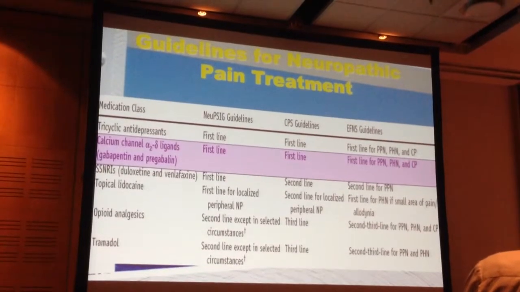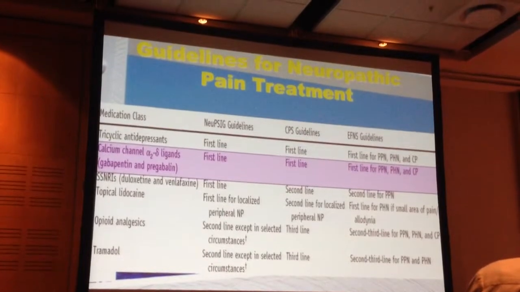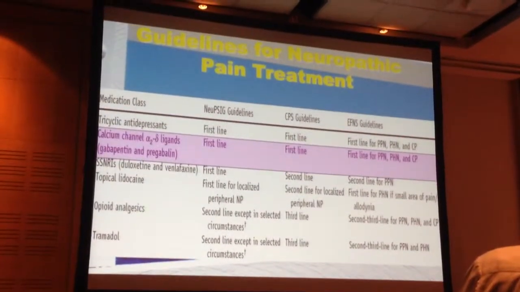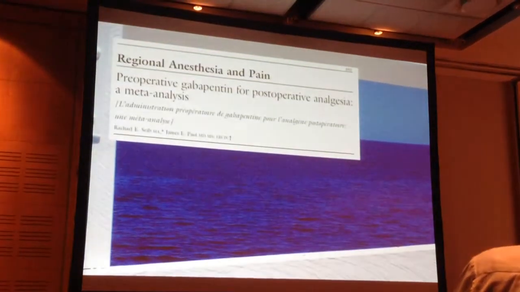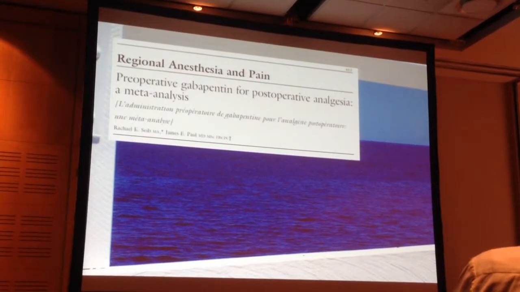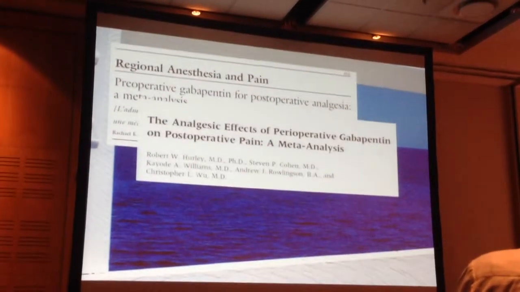Now, bearing in mind that even acute pain has a major central sensitization component within hours after tissue injury, it is not surprising that there is now a flood of meta-analyses on the perioperative or pre-operative use of gabapentin or pregabalin.